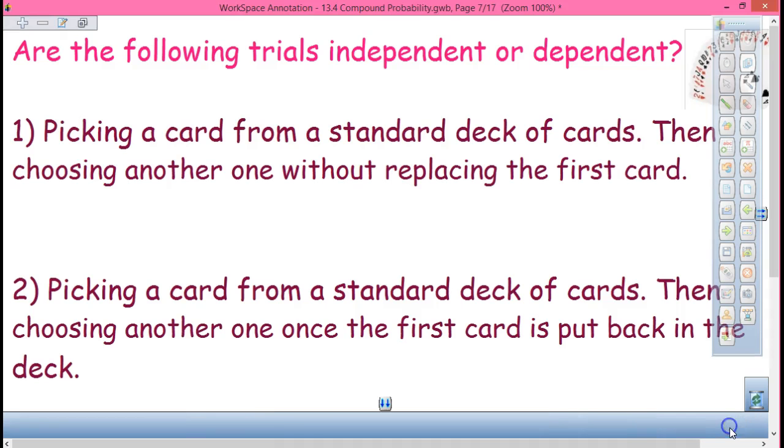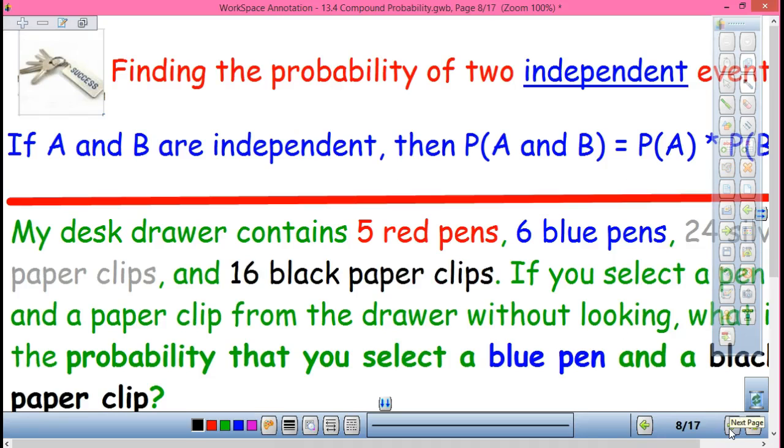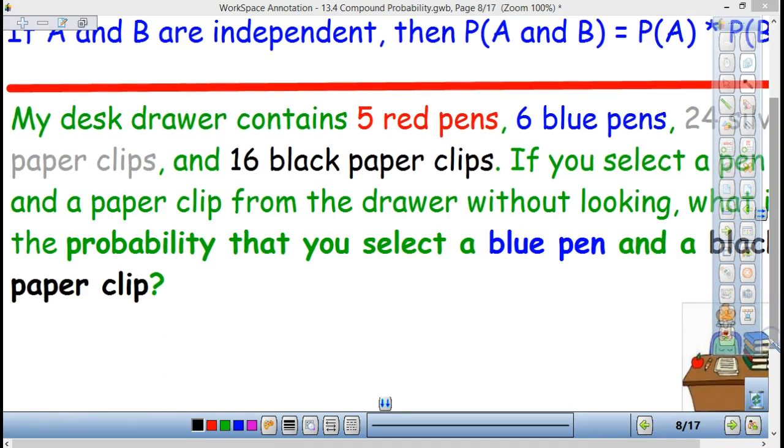Okay, now sometimes we've got, well, let's do this one. Desk drawer, got 5 red pens, 6 blue pens, 24 silver paper clips, and 16 black paper clips. You select a pen and a paper clip from the drawer without looking. What's the probability to select a blue pen and a black paper clip?